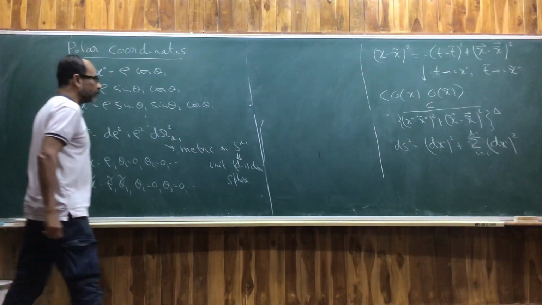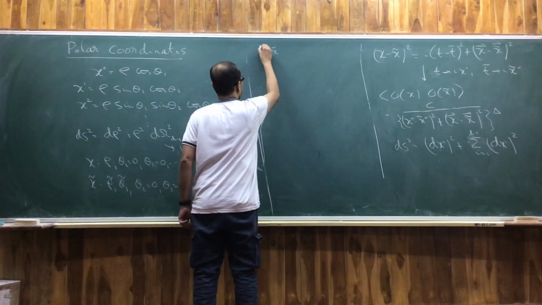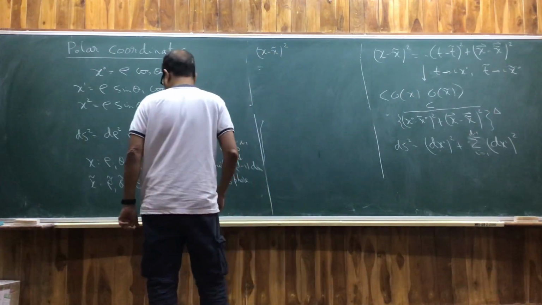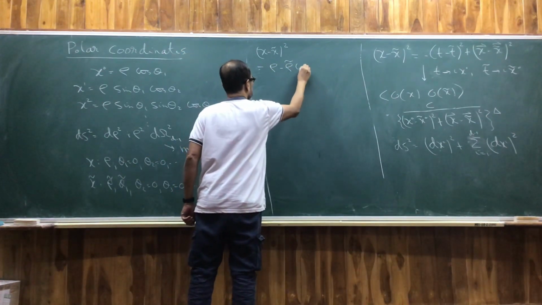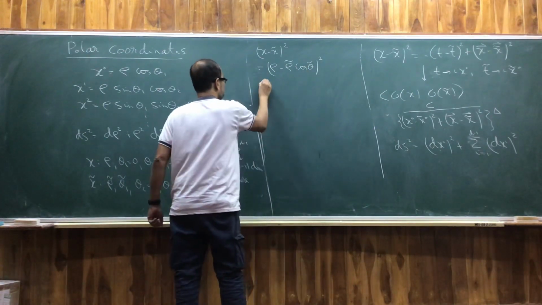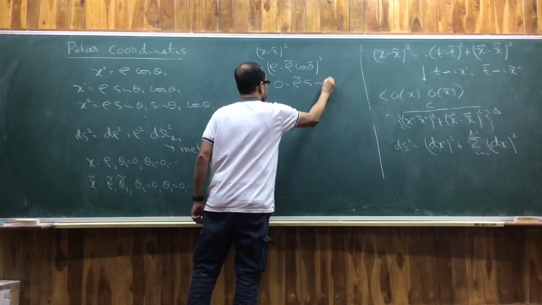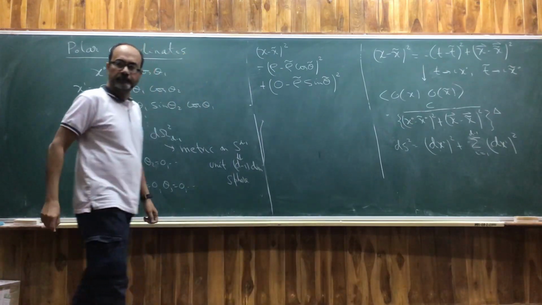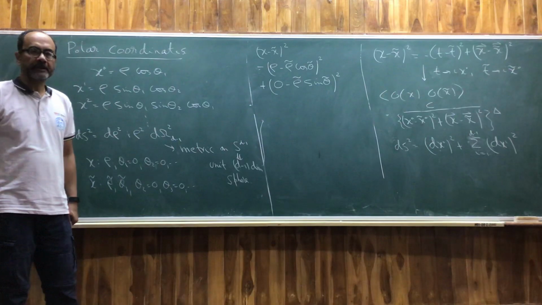Okay. So now let's calculate (x minus x tilde) squared. So (x minus x tilde) squared is (x0 minus x0 tilde) squared. So that's (rho minus rho tilde cos theta tilde) squared plus (0 minus rho tilde sin theta tilde) squared. Is that clear?